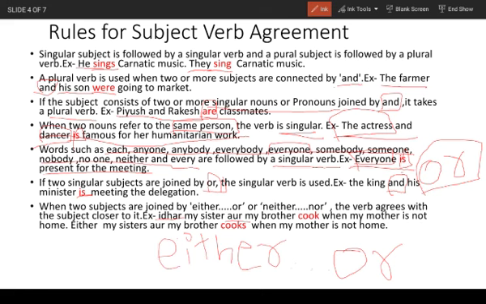Here you can see they have used cook. And now, either my sisters or my brother cooks. So it's or, brother cooks. Why have they used cooks here? Because brother is a singular subject. So that's why, since brother is closer to cooks, it is singular. When my mother is not home.